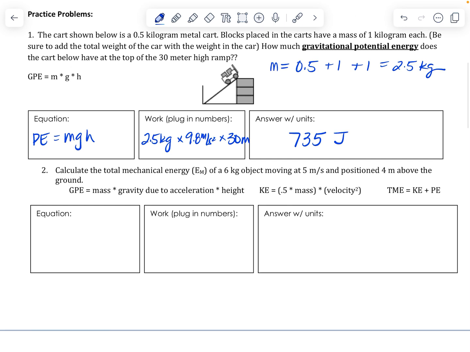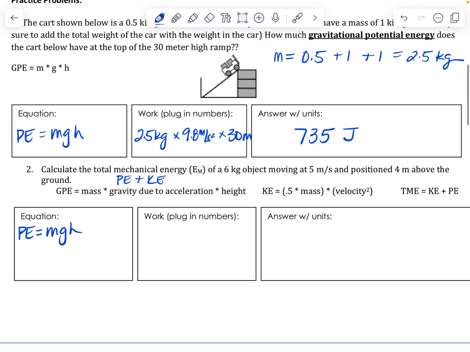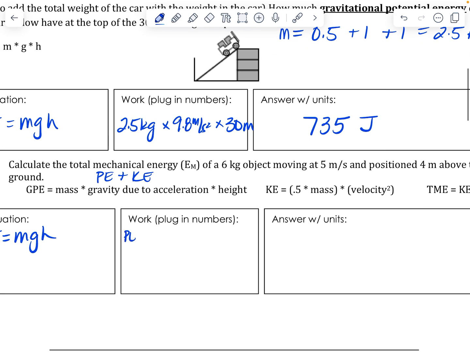Next one, calculate the total mechanical energy. So we want both potential energy plus kinetic for total mechanical for a 6 kilogram object moving at 5 meters per second and positioned 4 meters above the ground. Okay, so we've got to find both. We can start with potential energy, mgh. So for our potential energy, our mass is 6 kilograms.